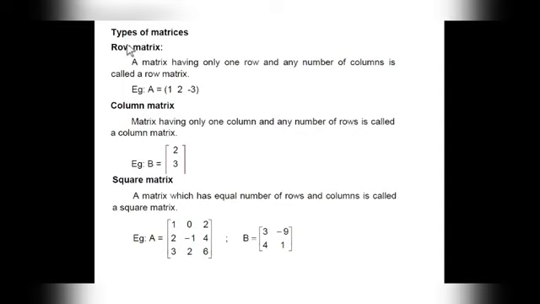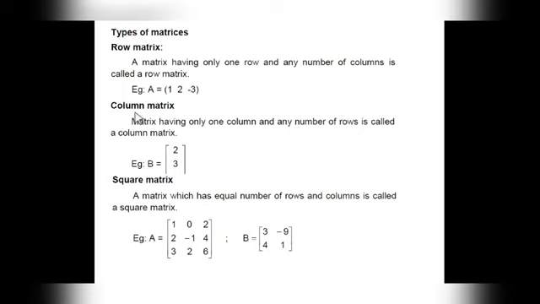Now let's discuss the types of matrices. There are so many types of a matrix, but I'll be discussing a very important types. First one, row matrix. A matrix having only one row and any number of columns is called as a row matrix. For example, A is a matrix which is having a single row, but we can include many columns in it.